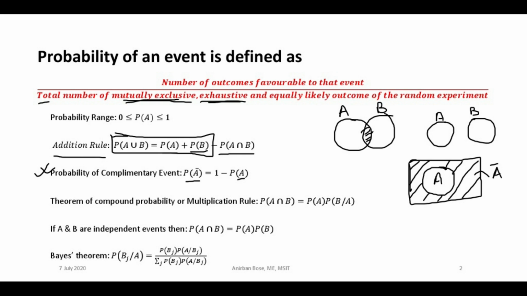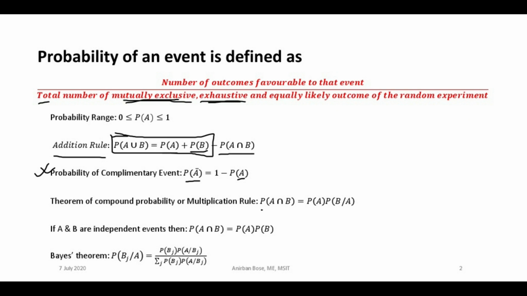Now the theorem of compound probability or multiplication rule that you can remember is this one, where probability of A intersection B is probability of A into probability of B given A. This probability of B is known, or given, that A has occurred.